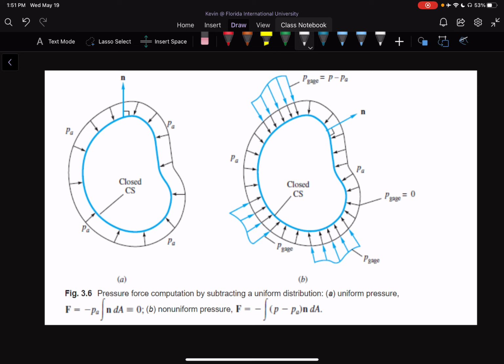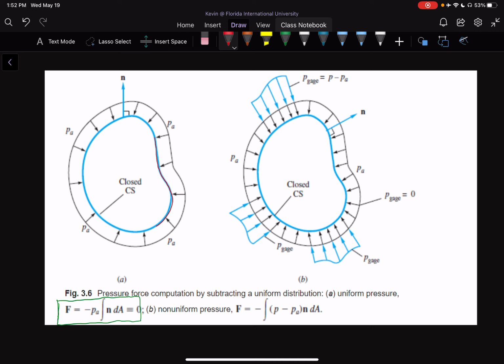Usually when we have linear momentum relations and a control surface, we look at the pressure applied over the area, and that would be equal to our force. We remember that for a uniform pressure on a surface, the force is equal to the negative pressure times the integral of dA. So the sum of the forces is essentially all the pressure around multiplied by the area.